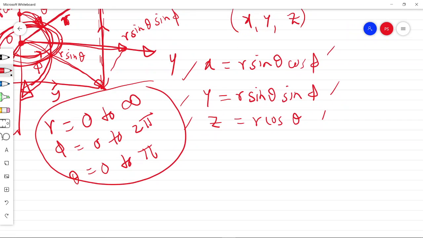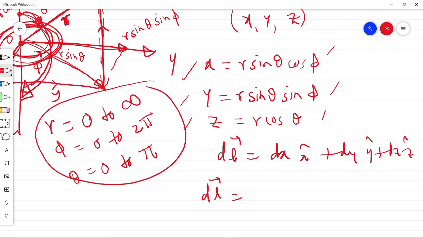We know that in the Cartesian system we define dl bar as dx x cap plus dy y cap plus dz z cap. Similarly, we can define the line element dl bar here as well, as dl r, so this is the r component of L, into r cap, plus dl theta theta cap plus dl phi phi cap.